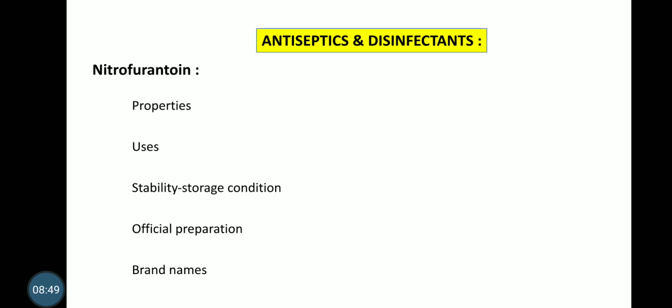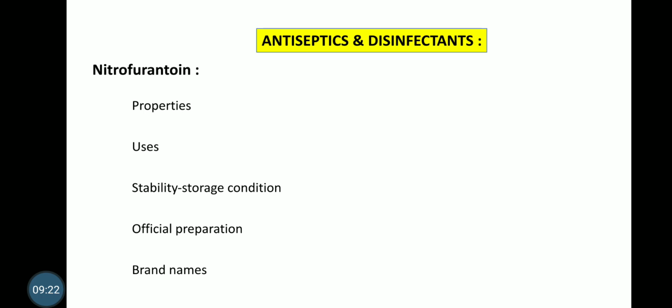Properties: it occurs as lemon yellow crystals or crystalline powder, odorless. It is soluble in dimethyl formamide, very slightly soluble in water and ethanol. Uses: it is used in the treatment of burns and for cleaning of wounds. It is also used in the treatment of urinary tract infections.